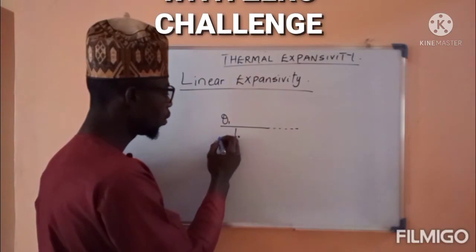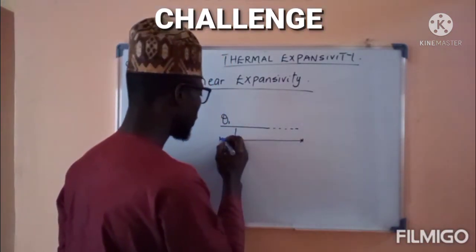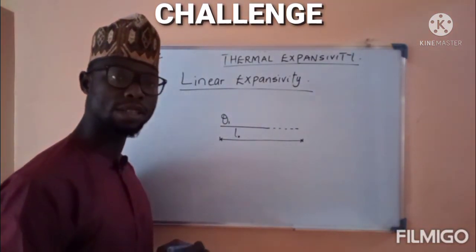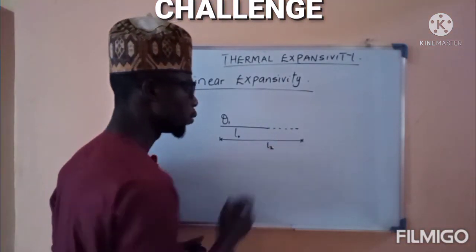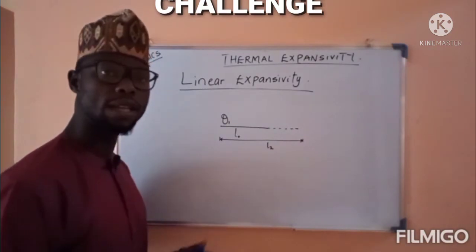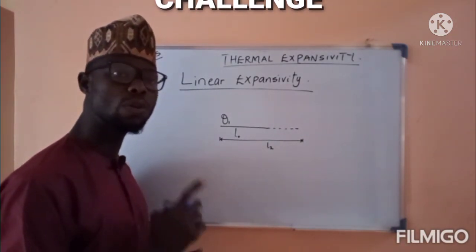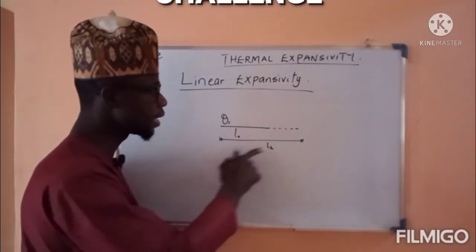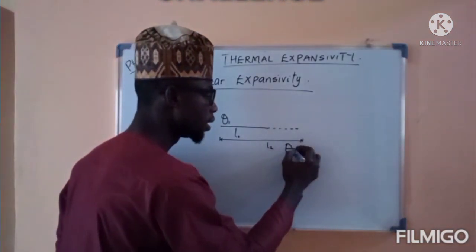Now, the whole length from here to this place becomes my final length after application of heat. So I can say from here to here is L2. Now remember as well that since I have applied heat, the temperature will increase. So at this particular point in time, when the length has increased this much, let us call the temperature θ2.